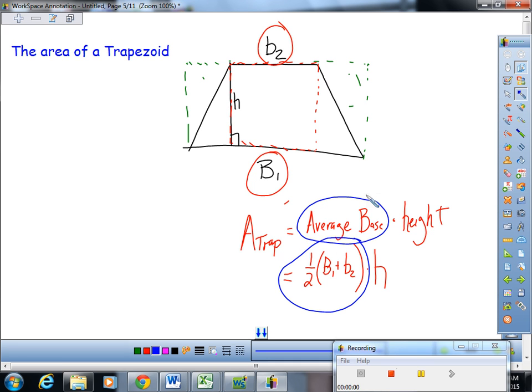That's how you find the average in life. You add it and divide it, or you add it and you multiply it by a fraction, because that is what division is. All right, we're moving along fast.